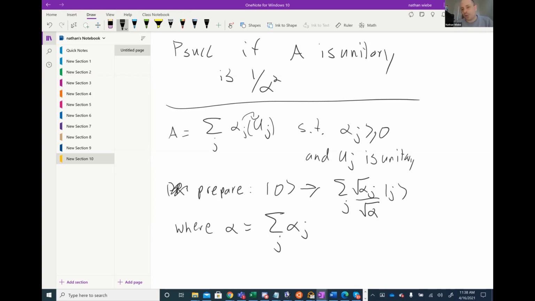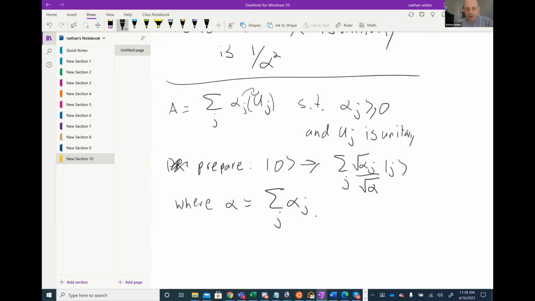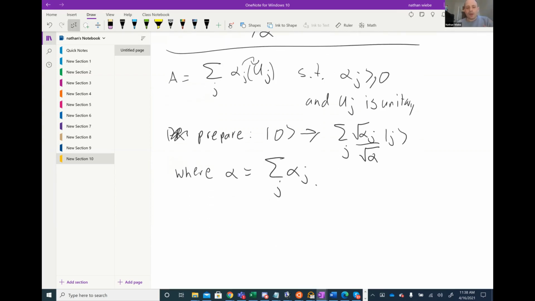Sometimes people refer to this as the one norm of the coefficient vector, but I'm not going to use that language too much here. So let's assume that we know how to apply this prepare operation.